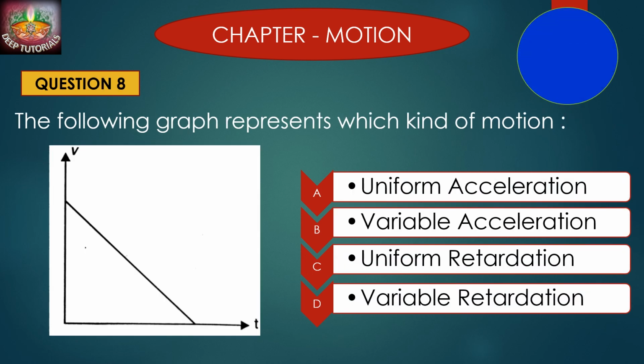Question number 8. The following graph represents which kind of motion? Your options are uniform acceleration, variable acceleration, uniform retardation, or variable retardation.